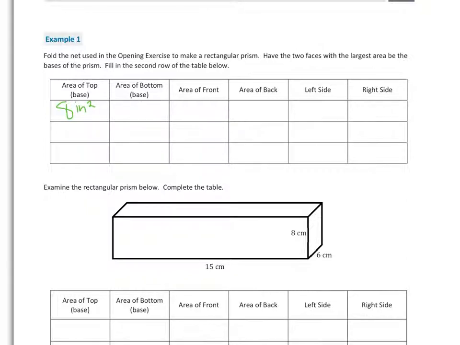So these were both 8, right? And then the front and the back, we'll say those are 4. And the sides were 2. Okay, so these are all inches squared. So that is that first one.